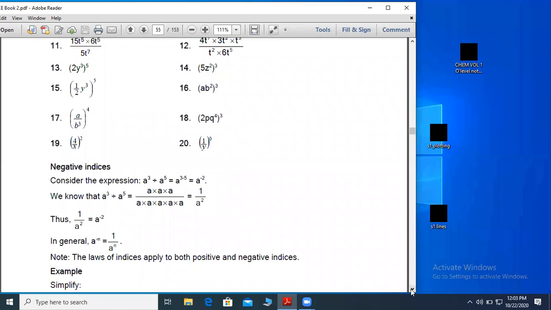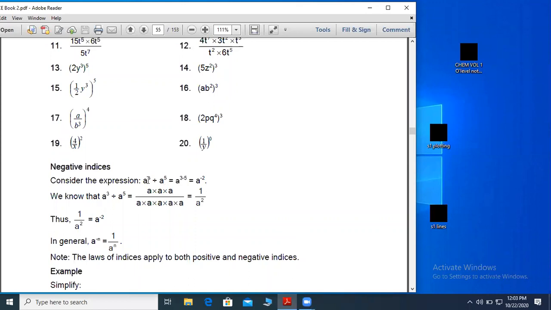So let us look at negative indices. We consider an expression like a power 3 divided by a power 5.